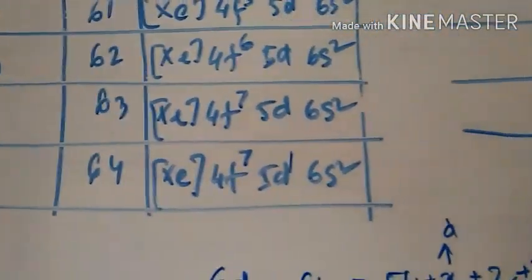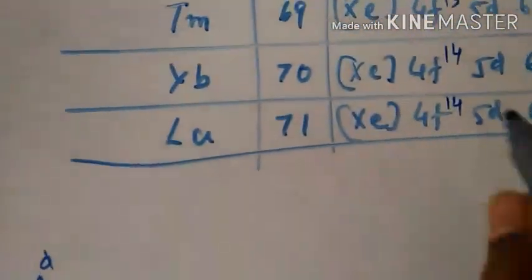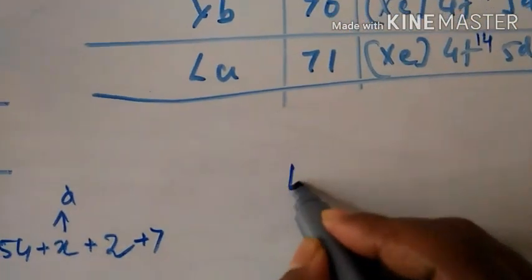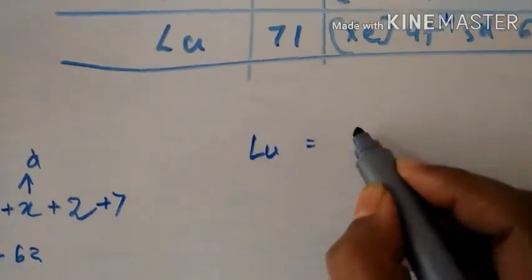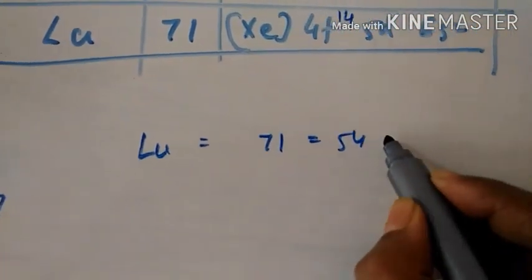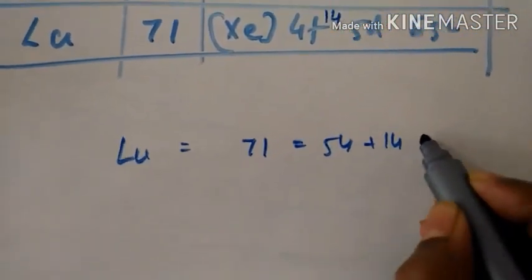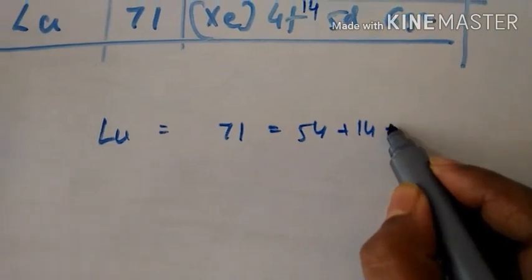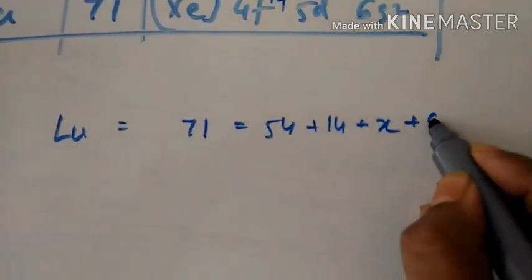Okay, now if we calculate for lutetium, the total number of electrons is 71, 54 for xenon, 14 for 4f electrons, D we don't know, S2.